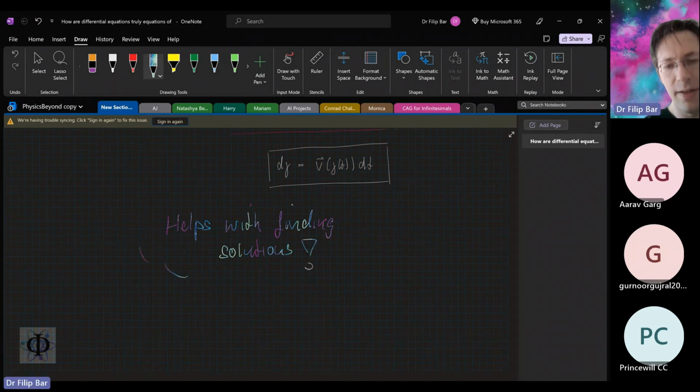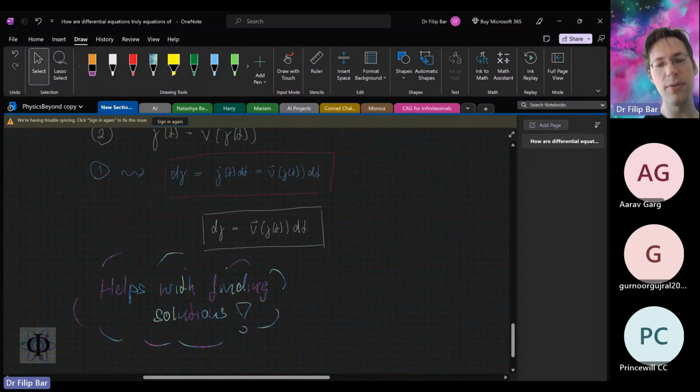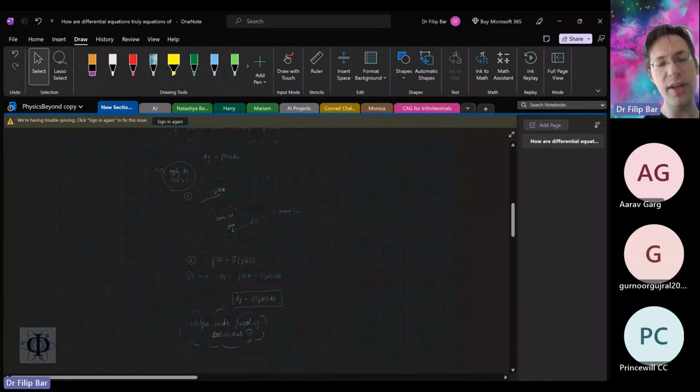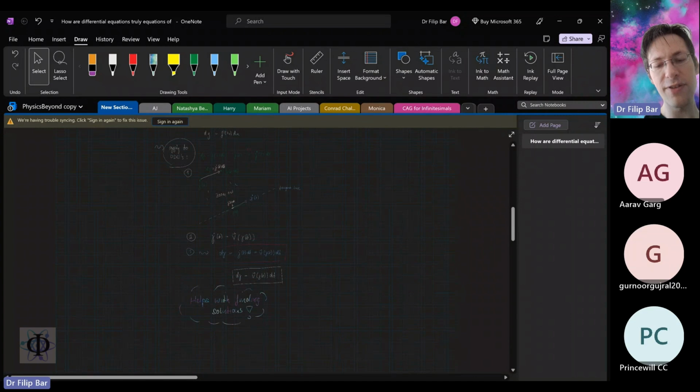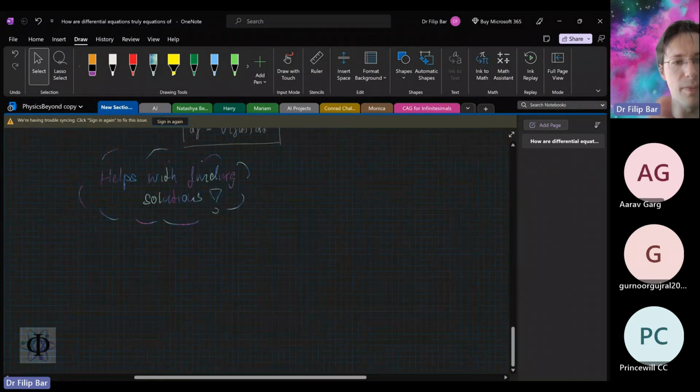That's the great thing that I can do by looking at the differential equations from an infinitesimal point of view. Okay, I can go find solutions.